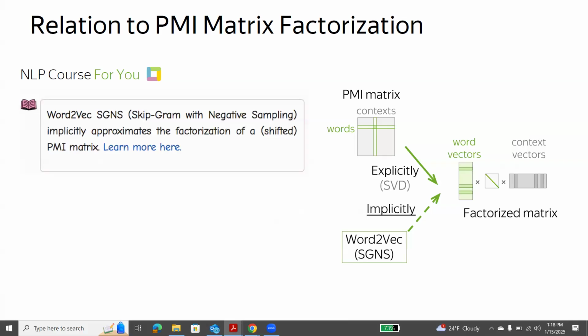So there was a paper in 2019, there is a link, that demonstrates that these two approaches, the embeddings built by count-based methods and neural network methods like word2vec, will coincide if we continue training word2vec infinitely.